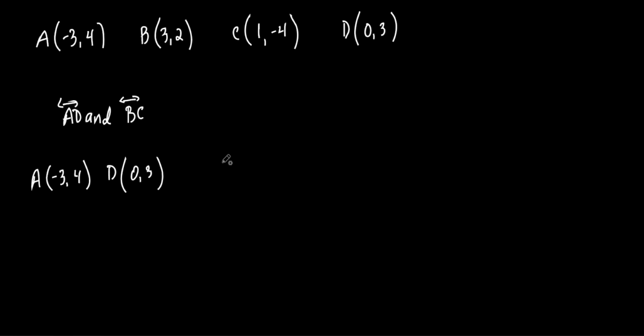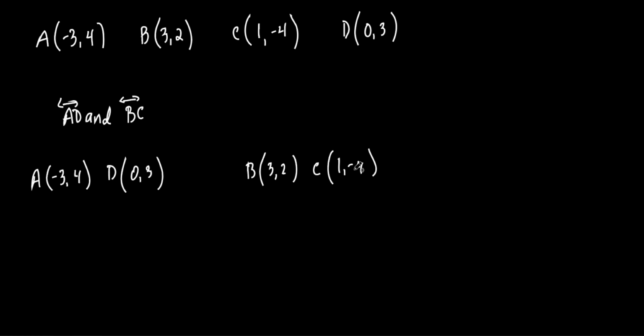All right, and then BC is another line. So let's do BC. So let's put B right here. I'm just putting next to each other so I know which ones I'm doing. 1, negative 4. So these 2 points make a line, right? If I was to graph those 2 points, I connect them, I got a line. Everybody good with that? These are 2 points. I could connect those two and get a line, right?